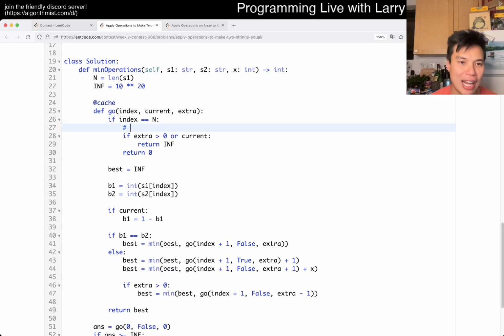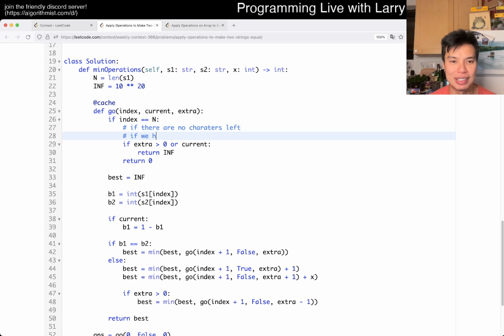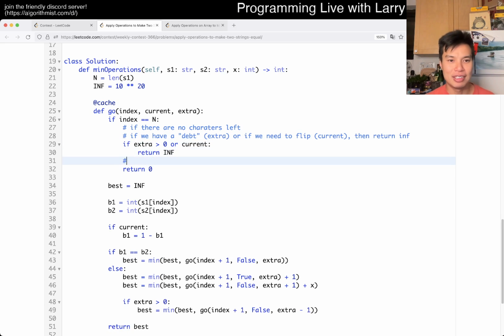So if there are no characters left, if we have a debt, which is extra, or if we need to flip current, then we haven't done it, because that means that we need to do something, but we haven't done something. So this is return infinity, right? Otherwise, we're good, and then we return 0.